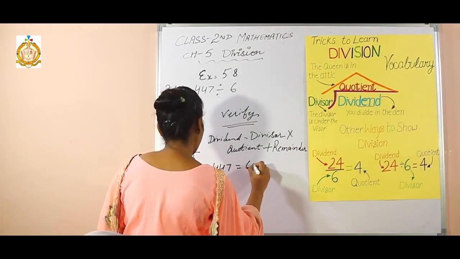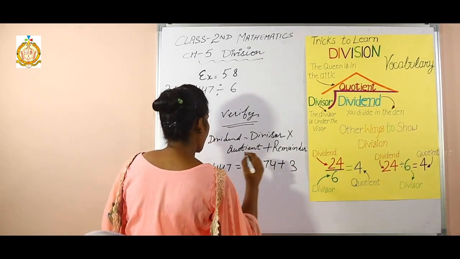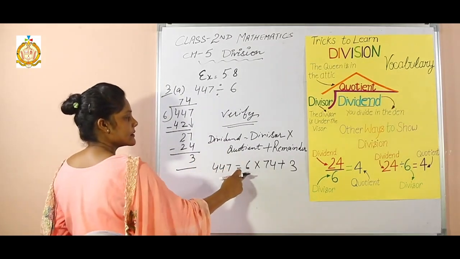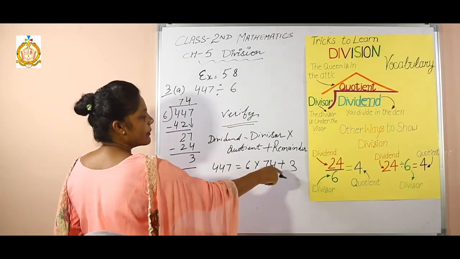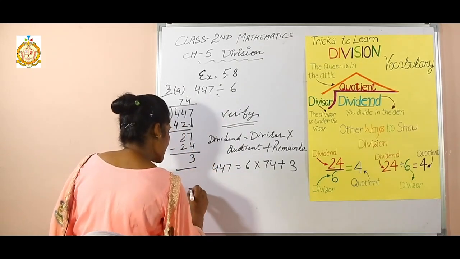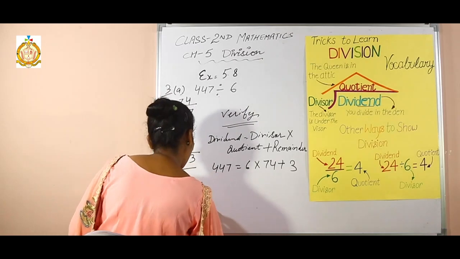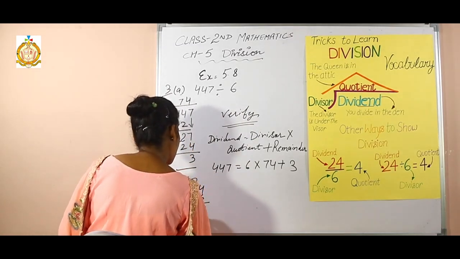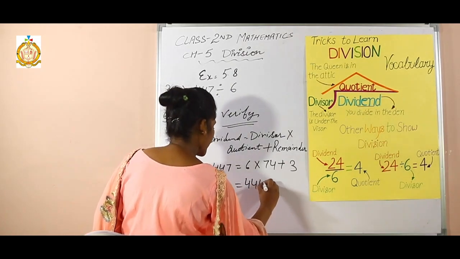447 equals 6 times 74 plus remainder. 447 is the dividend, 6 is the divisor, and 74 is the quotient, plus what is plus? Remainder. So again 74 multiplied by 6, 444.